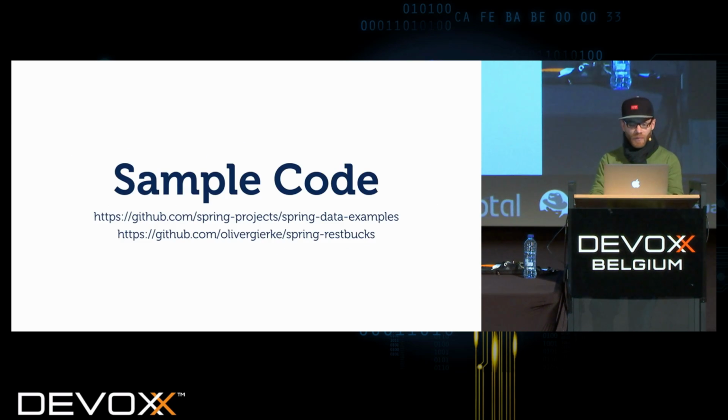All right, so for the rest of the presentation, I basically try to stick to code samples and demos only, and we just go through them. You find a lot of them in the Spring Data examples repository. There's a canonical repository where basically we have all our examples. They're usually very focused on a very particular aspect of whatever Spring Data module you're looking at.